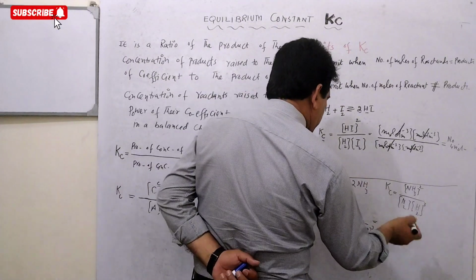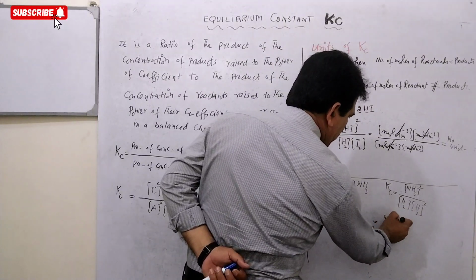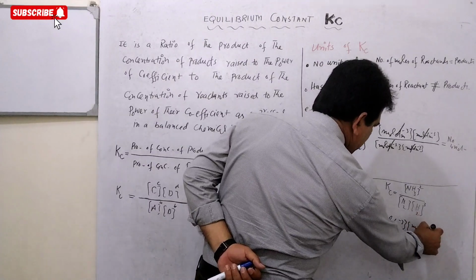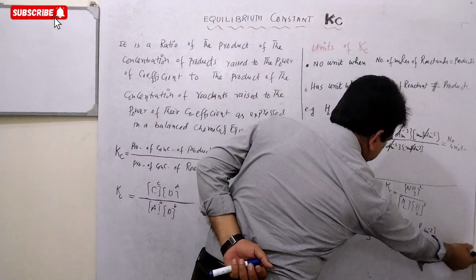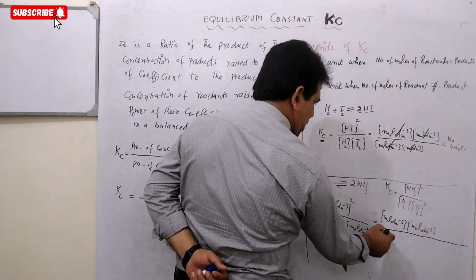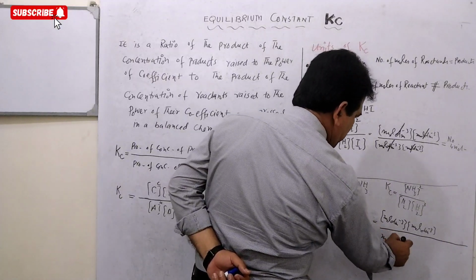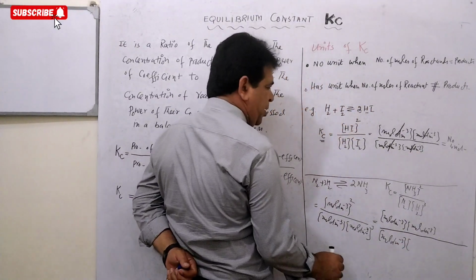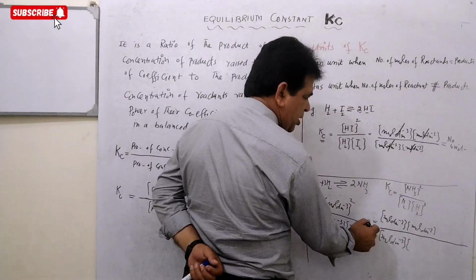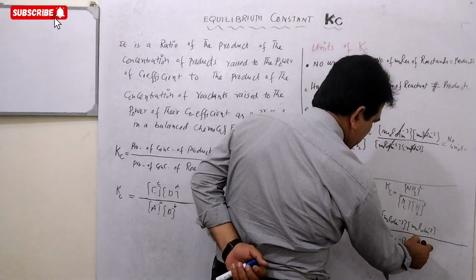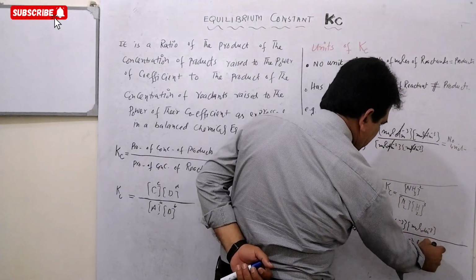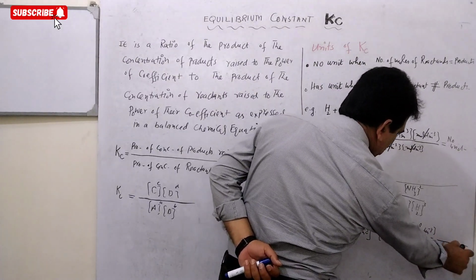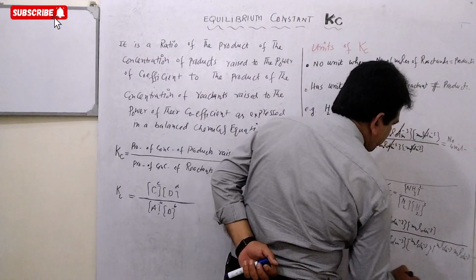So now we will write this mole per decimeter cube into mole per decimeter cube over mole per decimeter cube for nitrogen into, now we will write 3 times mole per decimeter cube because there is a power of 3, mole per decimeter cube into mole per decimeter cube into mole per decimeter cube.